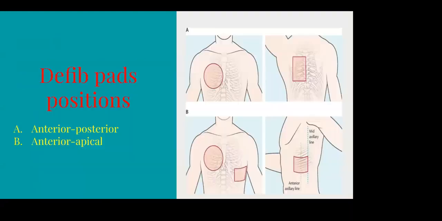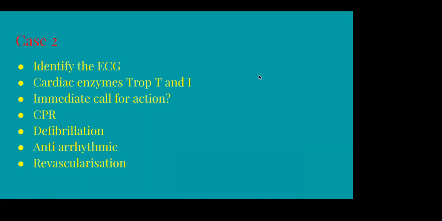Now, what you need to do quickly, you need to defibrillate. Forget about the anterior posterior because it's going to be difficult. Please always think of anterior apical and then defibrillate the patient immediately. So in this case, identify the ECG, get the cardiac enzymes troponin T or troponin I, and make an immediate call for action.